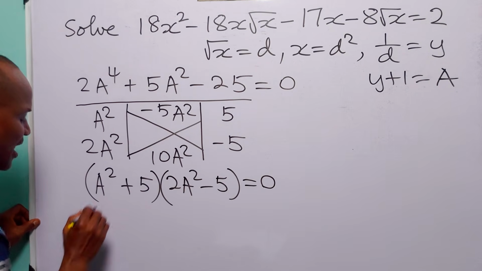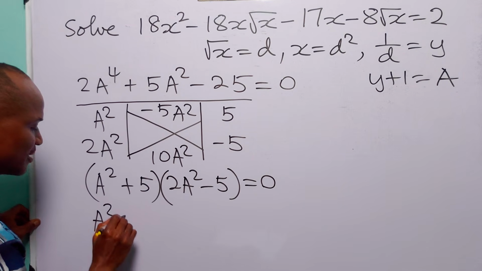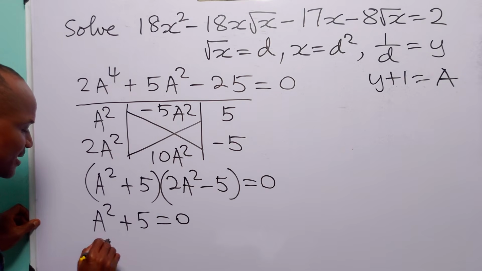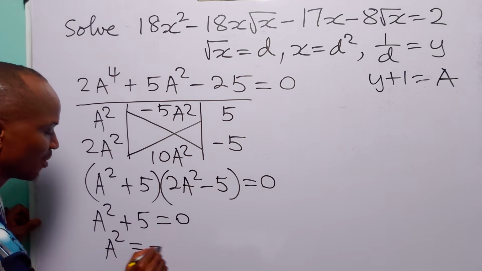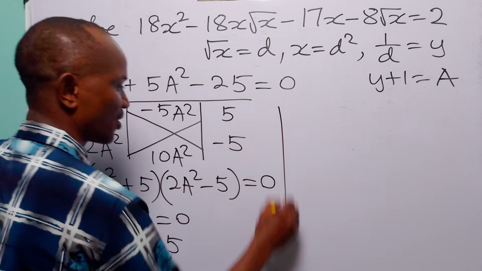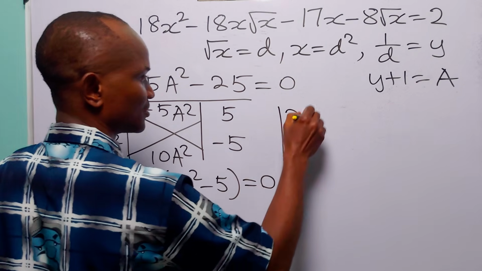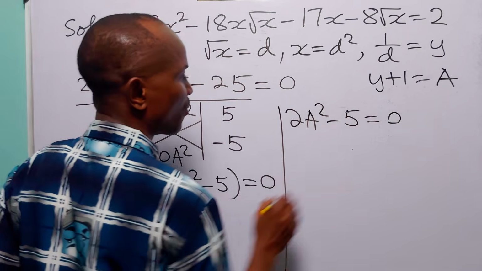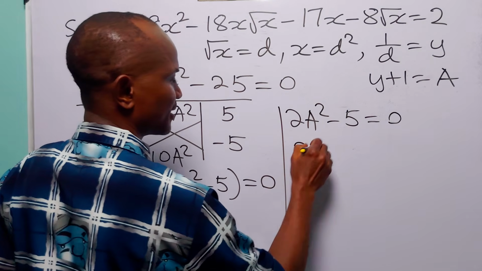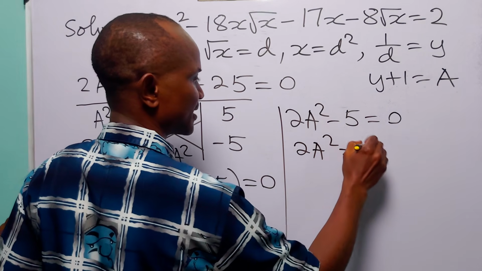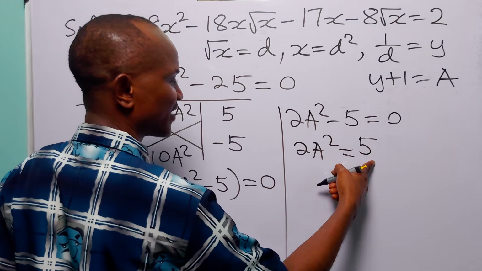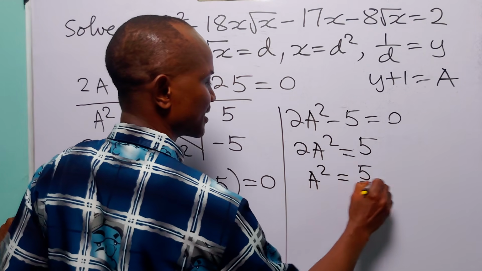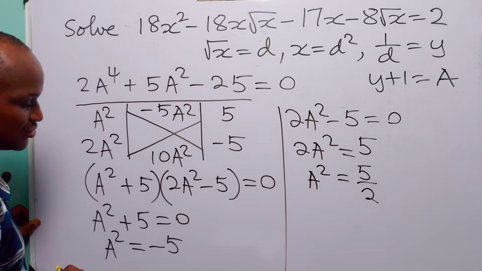And of course, from here we have that either a squared plus 5 is equal to 0, from where a squared is equal to minus 5, or 2a squared minus 5 is equal to 0, from where 2a squared is equal to 5, and dividing both sides of this equation by 2, a squared is equal to 5 over 2.